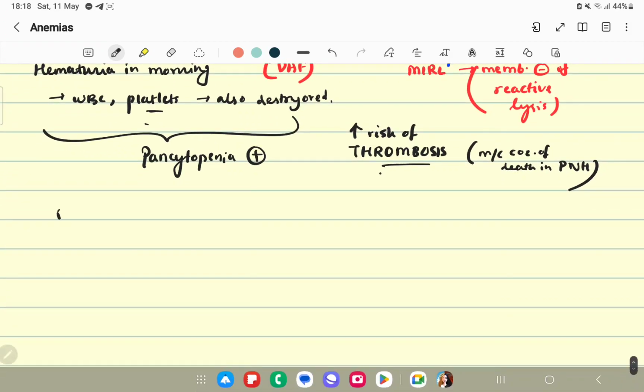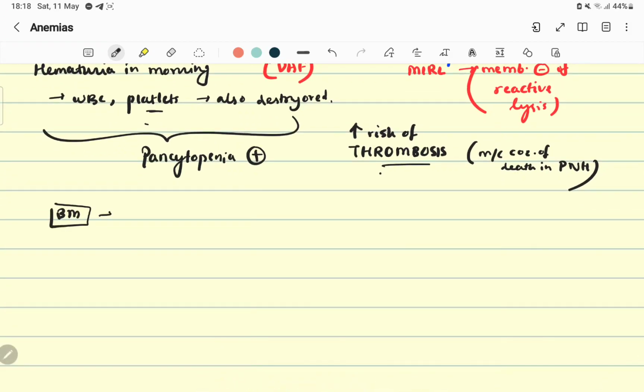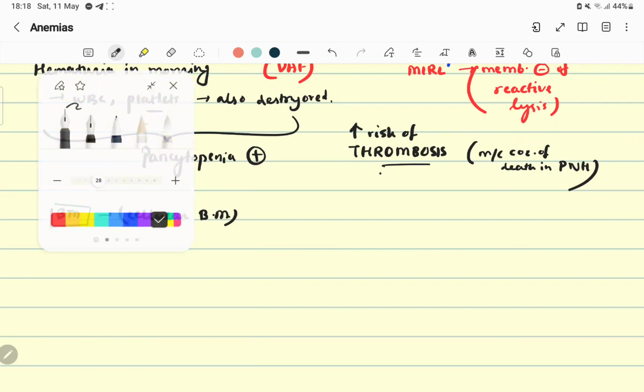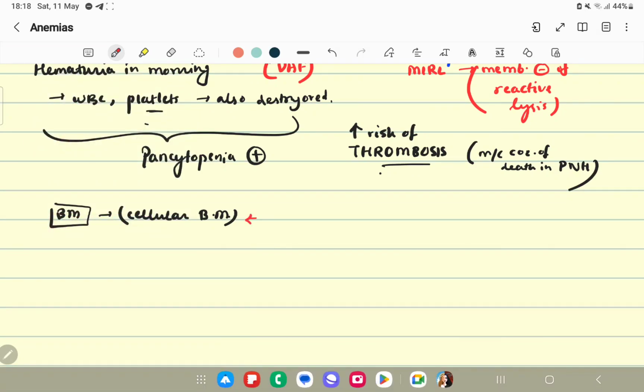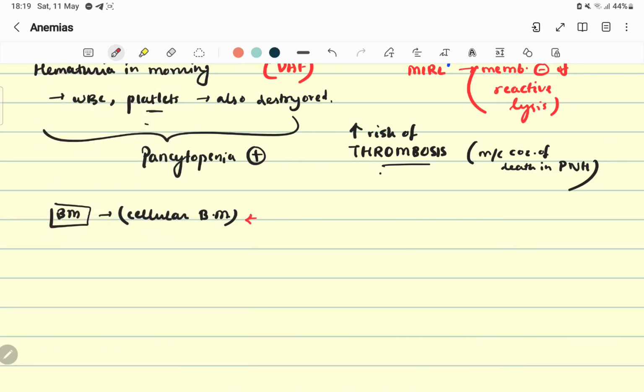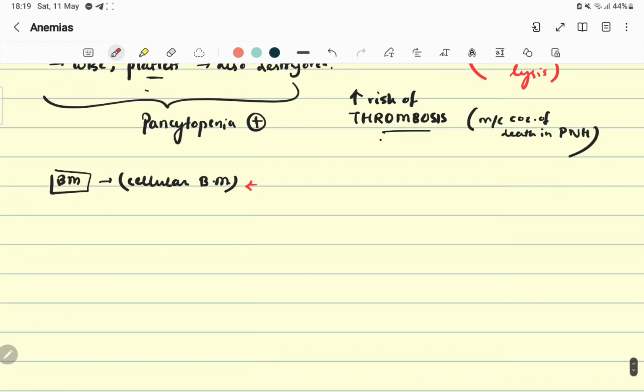Here, if we examine the bone marrow, we'll find a cellular bone marrow only, because the bone marrow is not affected. Just the peripheral blood is affected. That means you can differentiate it from aplastic anemia, because this cellular bone marrow will rule out aplastic anemia.